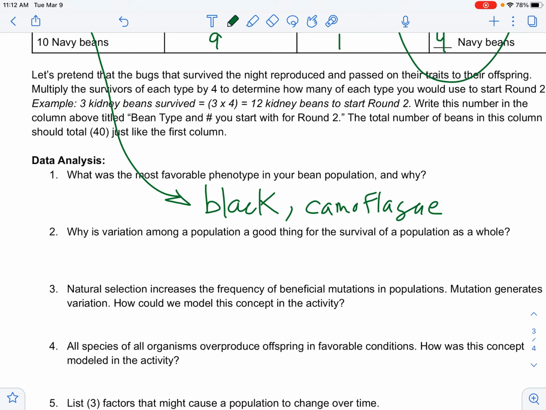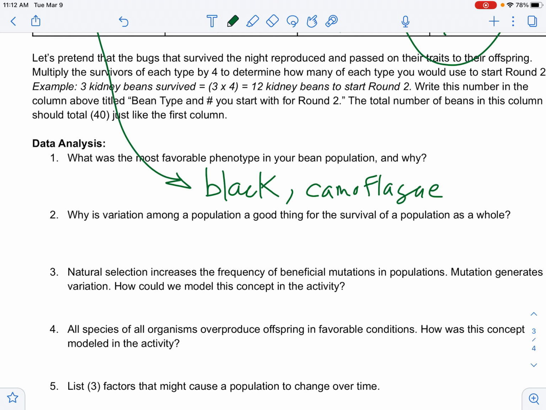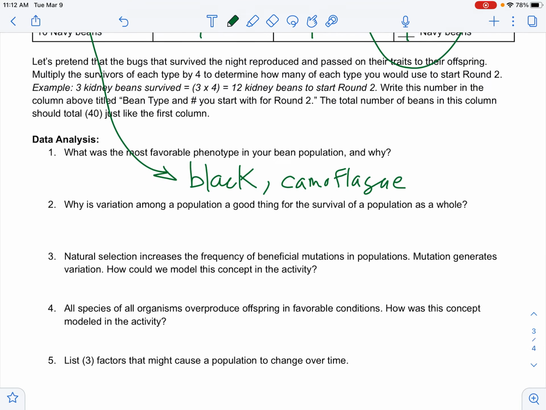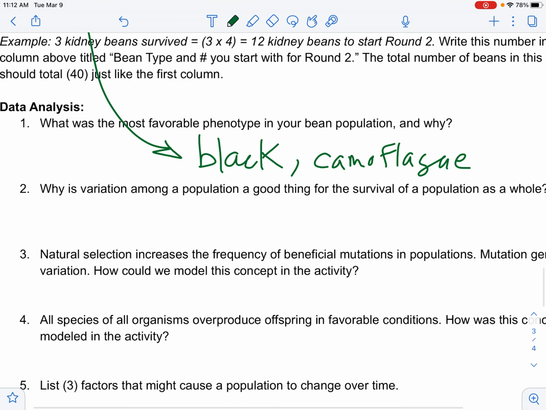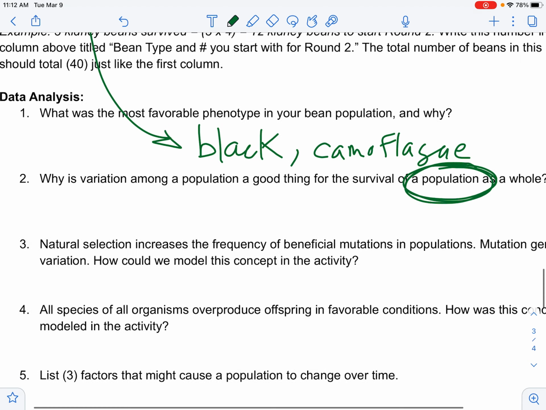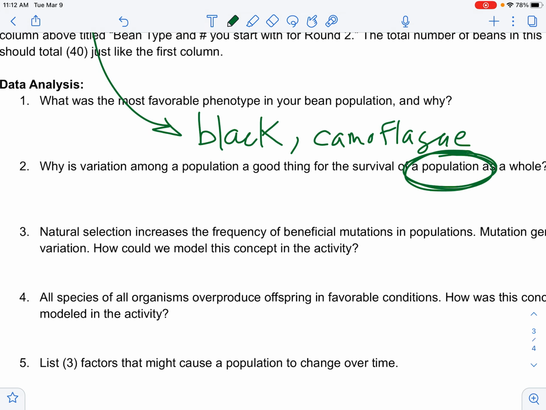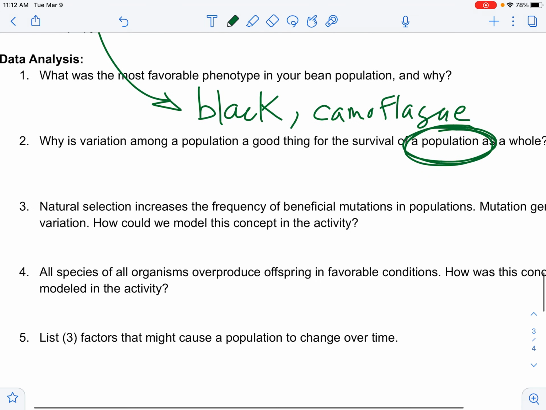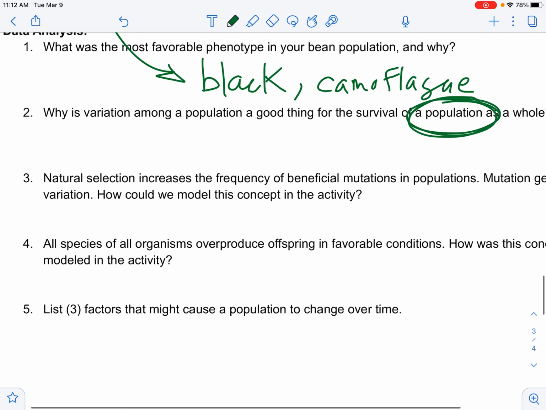But sometimes traits like slower are more advantageous, and sometimes traits like smaller are advantageous. It really depends on the pressures that are being put on that population. Not all individuals have the traits that are advantageous, but some do. And so we're talking about survival of a population. Some individuals will have advantageous traits that help them to survive, and then pass those advantageous traits onto their offspring.